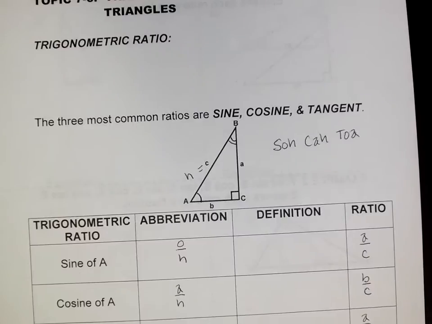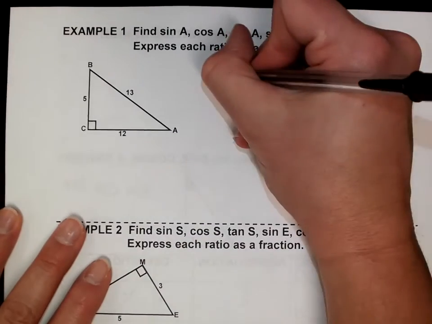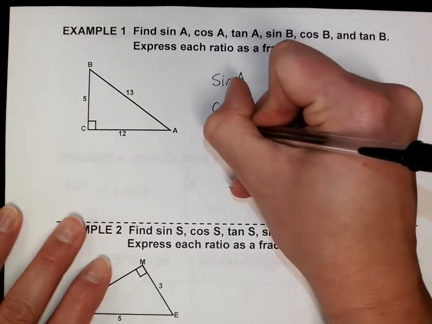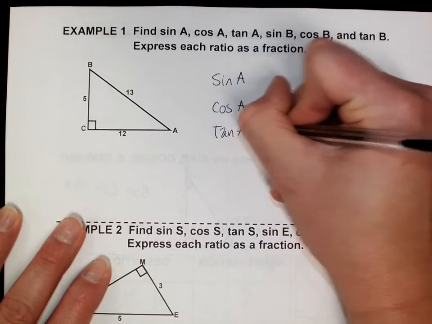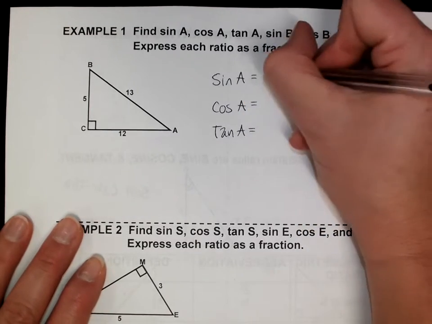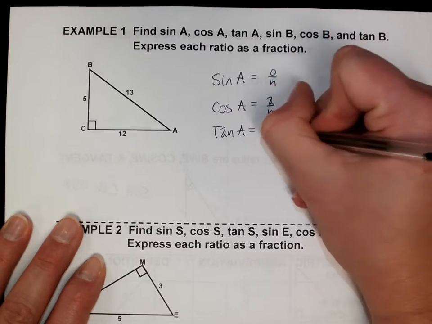Looking at the back of this, the very first thing you want to do is just find each of these relationships. So I'm going to start with A. Sine of A, cosine of A, tangent of A equals. Again, opposite over hypotenuse, adjacent over hypotenuse, opposite over adjacent.